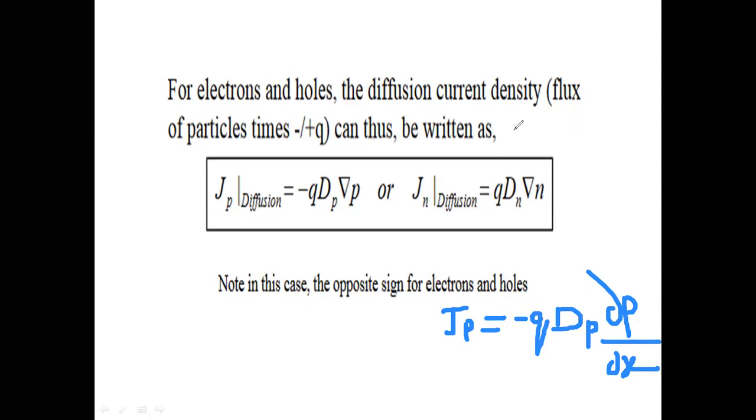Likewise, Jn diffusion equals Q Dn, where del n means dou n by dou x.